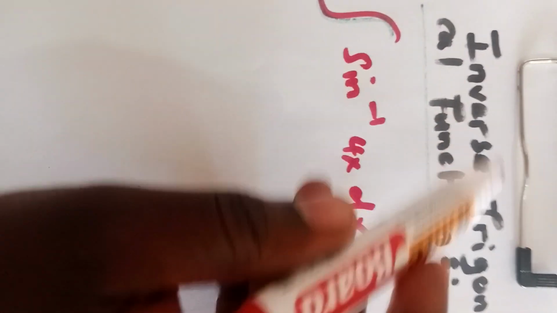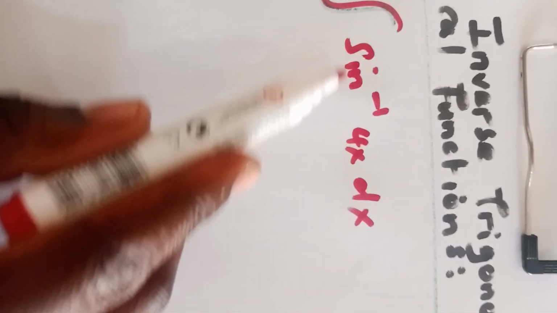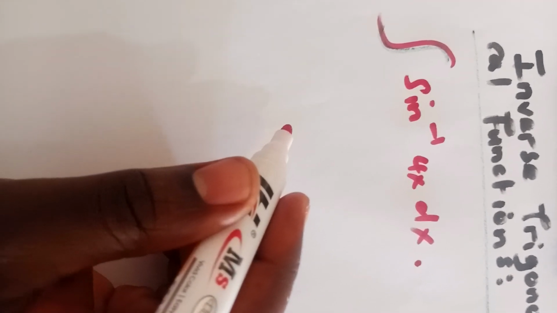How do you identify that this is an inverse trigonometric function? You can see that the sine here has an inverse on top. These are easy to solve. You will discover that there are formulas that we have to use when solving these ones.